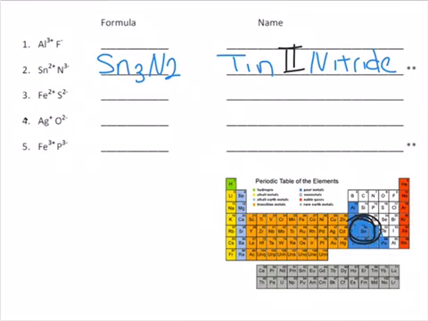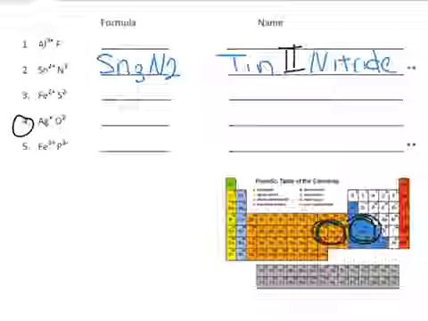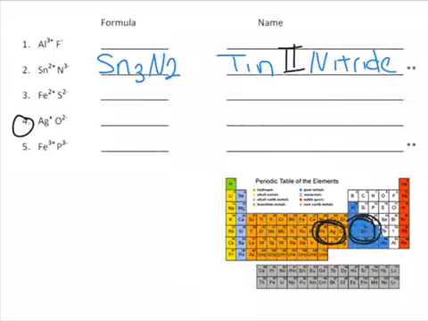For silver, notice the plus sign doesn't have a number next to it. If there's no number, it's automatically a 1. Chemists are kind of lazy too. They're not going to write those 1s in because it's assumed. So silver's a positive 1, which you can see that was one of the ones you marked on your periodic table that you need to know.